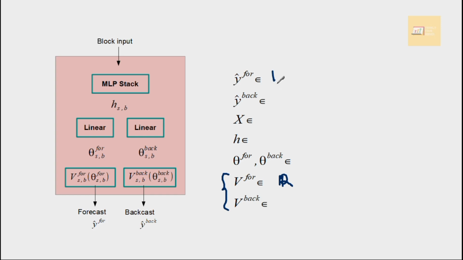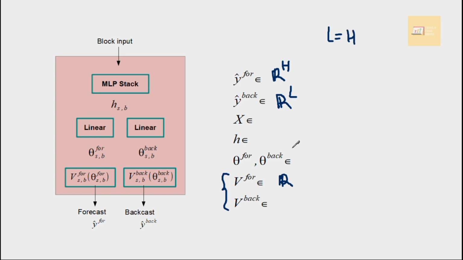The length is called the horizon, and it's denoted as capital H, the uppercase H. And for the backcast, it's also an array, but the length is L. In the NHITS paper, it's clearly stated that L should be at least twice as long as the horizon, but I saw in the NBEATSx paper that it's not always the case. So for this particular project, I will set L to be equal to H.